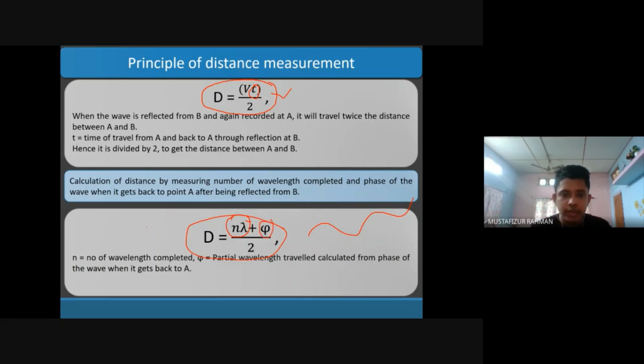So it will give us what happened at the final moment: how many waves were completed and what is the final value. So it is till this point the wave was completed, and some more, say 90 degrees, 95 degrees, something like that. So that much it has traveled between these 2 points. From that formula we will be able to find out the distance between point A and point B.